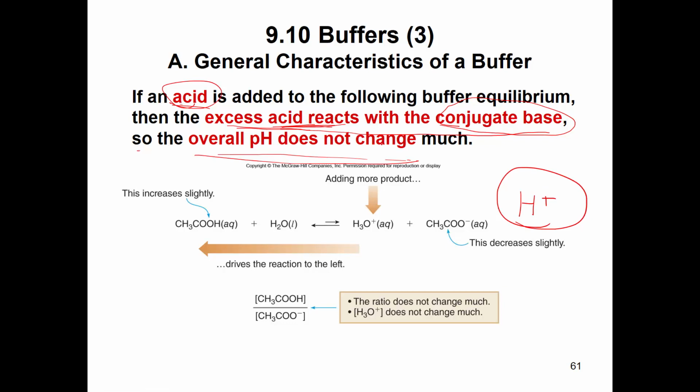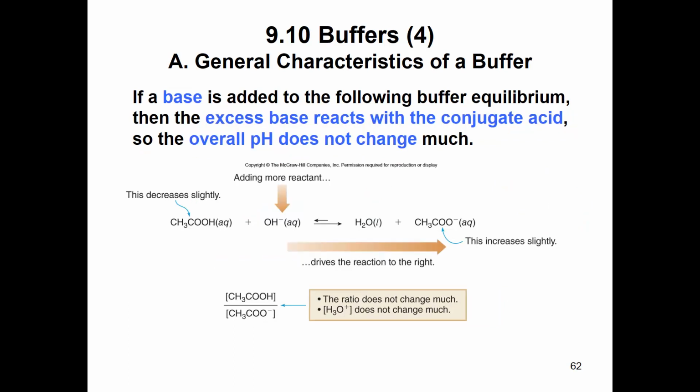So if you have something that can take these and reform the acid rather than the hydronium ion, that's going to keep the pH from changing so much. If you add excess base, then the conjugate acid is going to react and do the same thing. Your hydroxide is going to be taken up, and so you won't have free hydroxide, and so you cannot raise your pH as much.